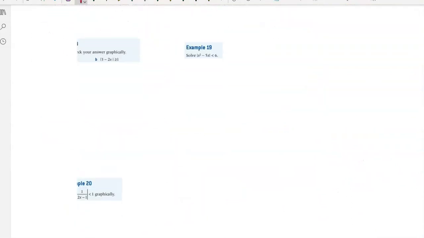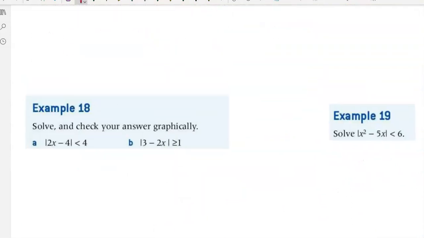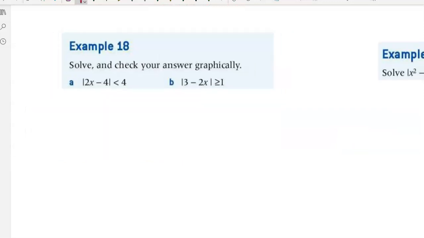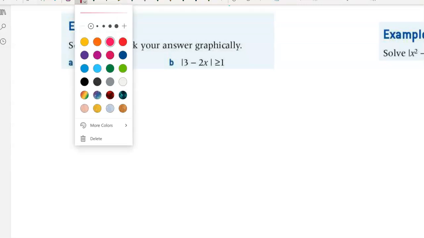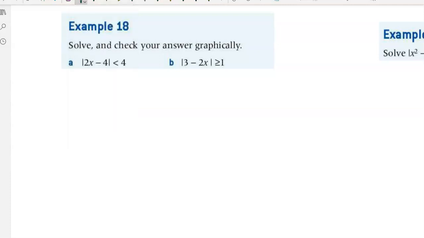So let's go to that first problem. It says solve and check your answers graphically. So first I'm going to solve algebraically. And change the color, maybe green. Okay. So we have 2x minus 4 is going to be less than 4, but it's going to be greater than negative 4.